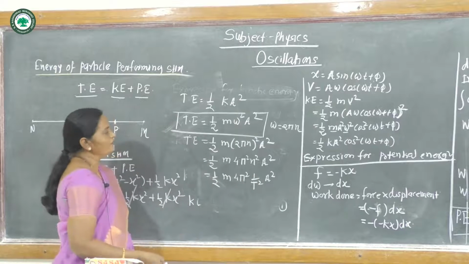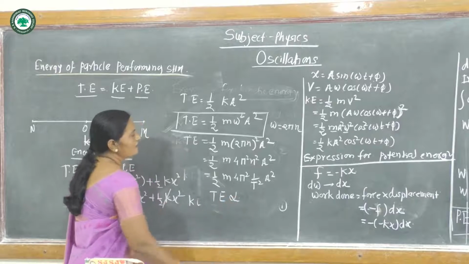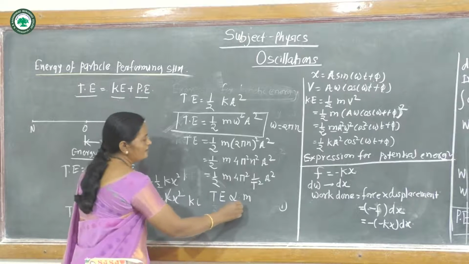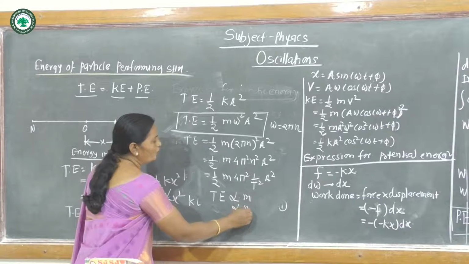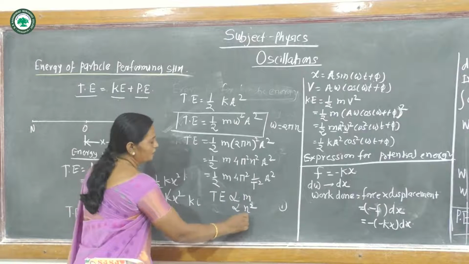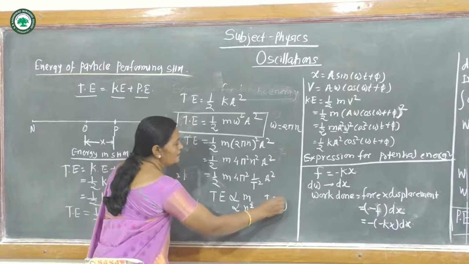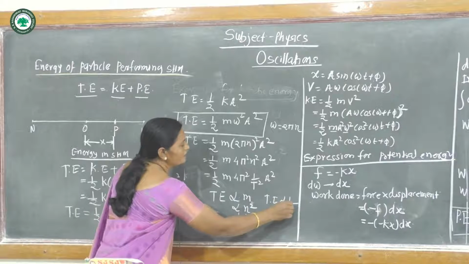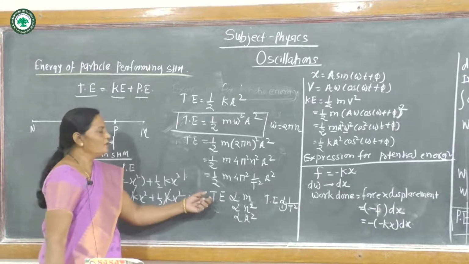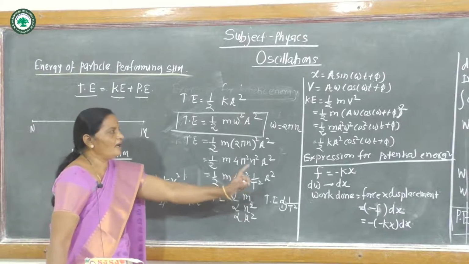From this equation we can say total energy is directly proportional to the mass of the particle, to the square of the frequency, to the square of the amplitude, and inversely proportional to the square of the period. This is the dependence of total energy on mass, frequency, amplitude and period.